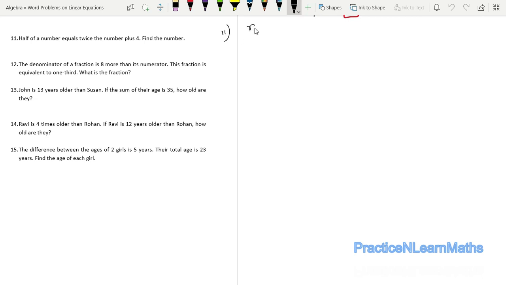So n over 2 is equal to 2n plus 4. Now we cross multiply. n is equal to 2 times 2n plus 4. n is equal to 4n plus 8.